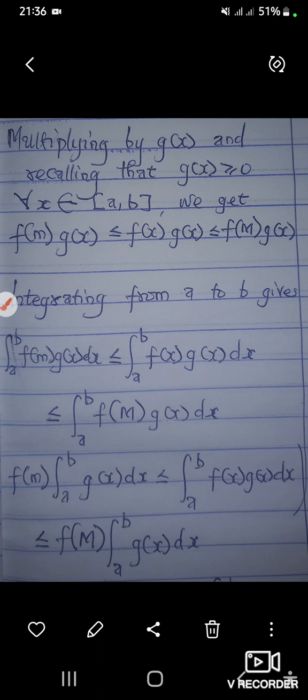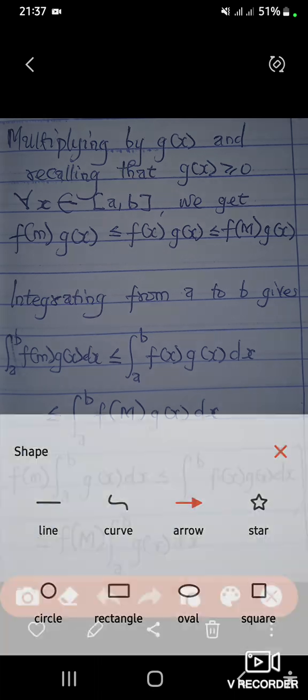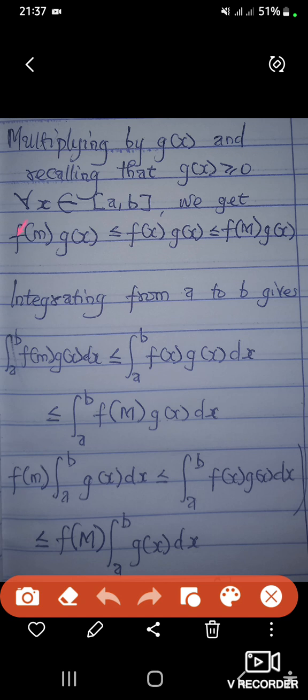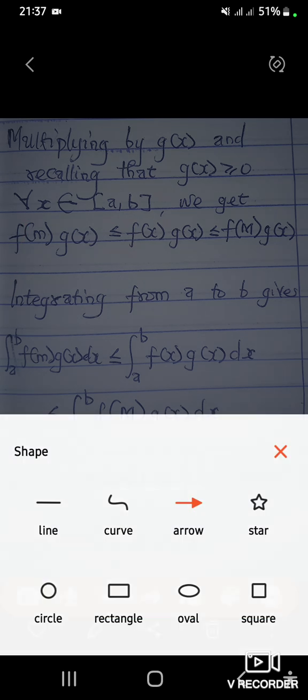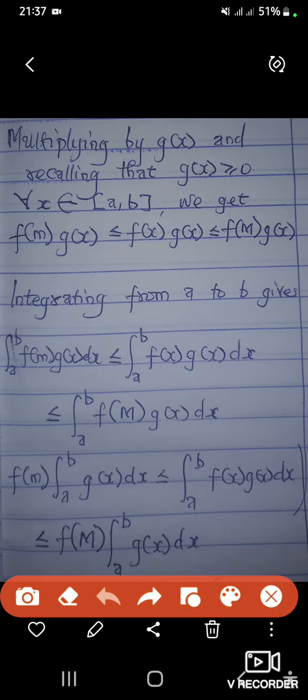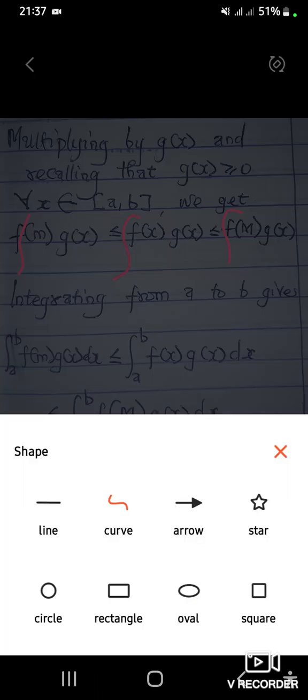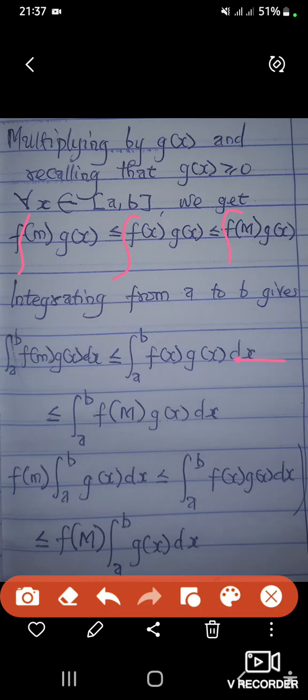Now if we integrate this from a to b, then we get this line. I believe you can see it.